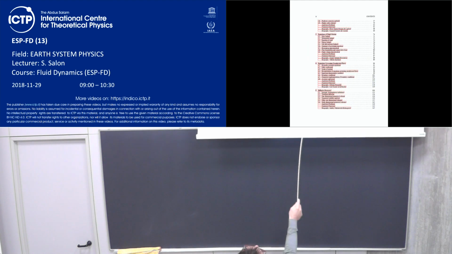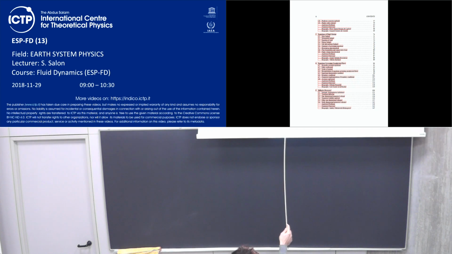Then we talked about the equations of fluid motion up to, let's say, the Boussinesq approximation, 3.7. This you can read; it's not requested, but it's something you can know for knowledge.